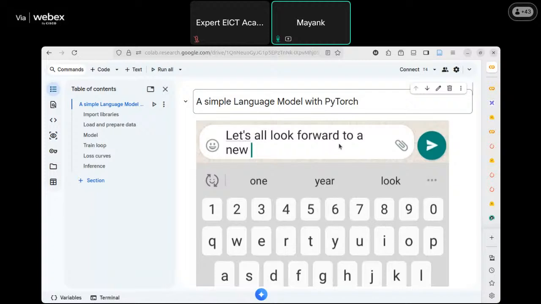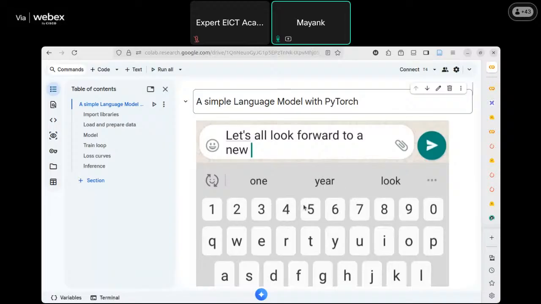Yeah. So if you type "look forward to a new", then it will give you "year", "look", etc. Okay. So the most important prediction that this keyboard is giving you is "year".